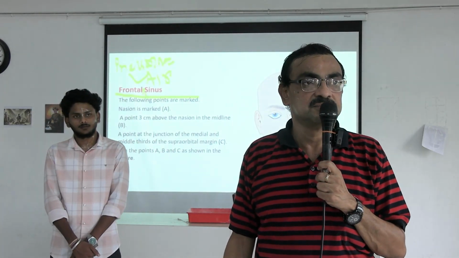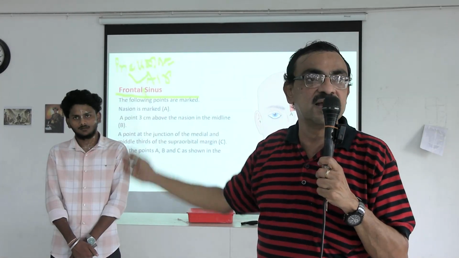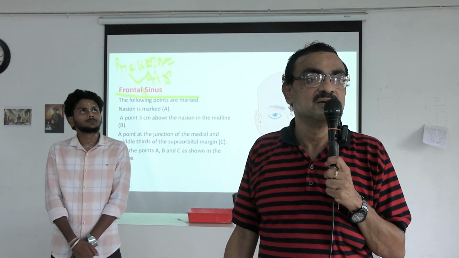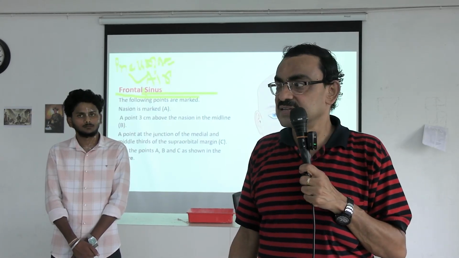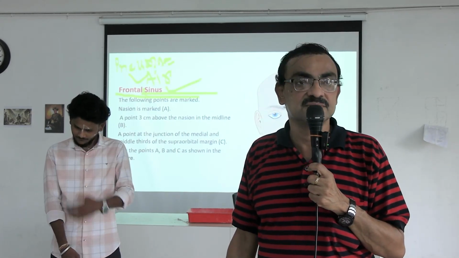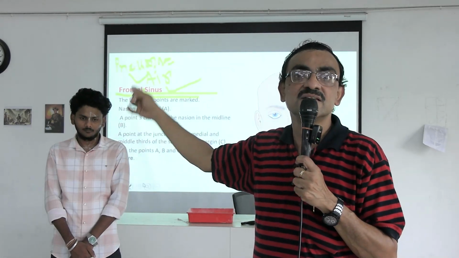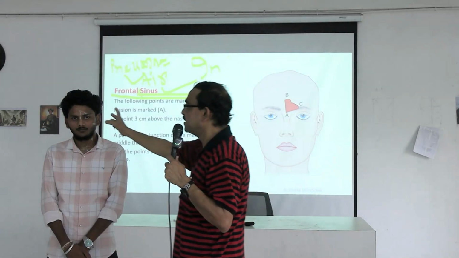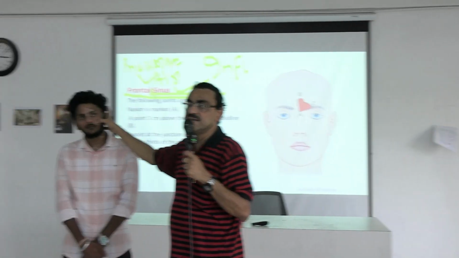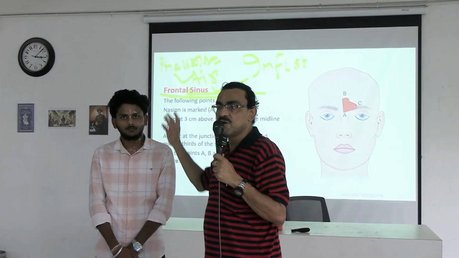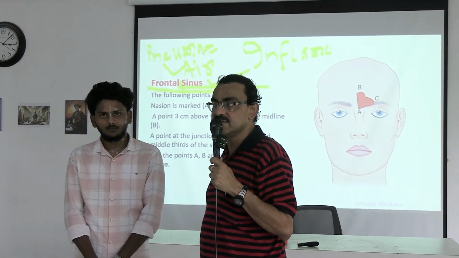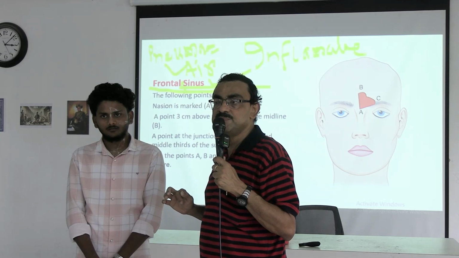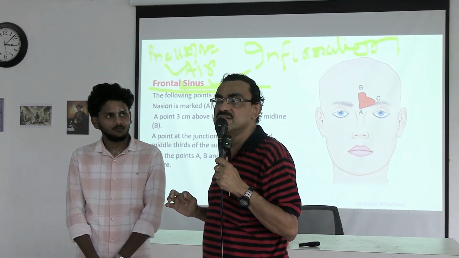They contain air, but when this air is replaced with fluid or secretions, it is called sinusitis. So frontal air sinusitis, similarly maxillary air sinusitis, ethmoidal sinusitis. Deep to another bone, there is a deep-seated bone, that is the sphenoidal sinusitis.